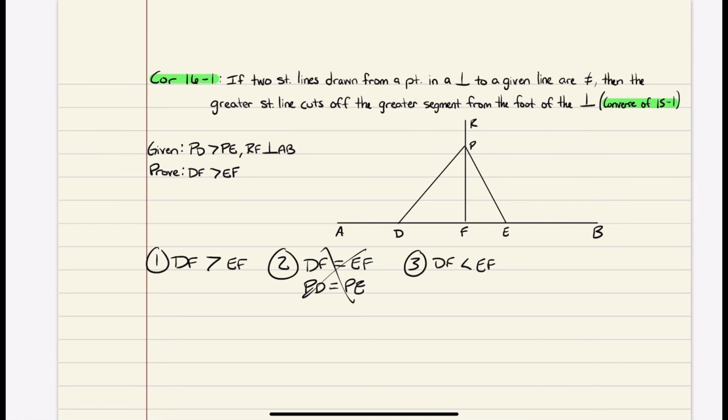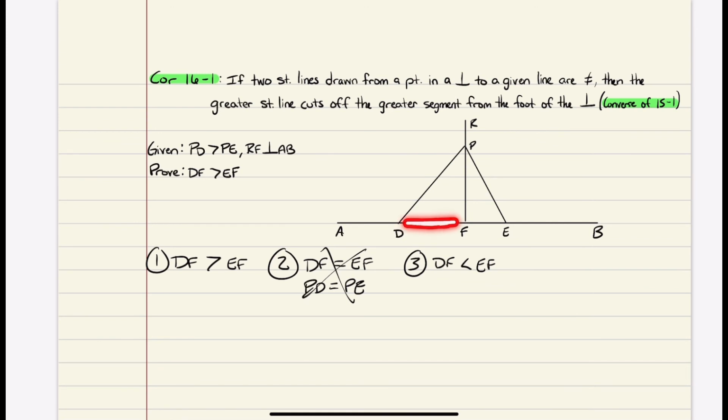Okay, let's look at if DF was less than EF. If DF is less than EF, again, corollary 15.1 said that if these are unequal, whichever side is bigger is being cut off by a greater line segment. So now we're working backwards.